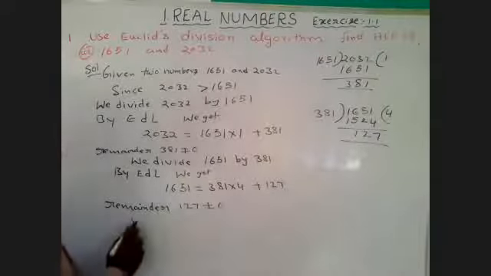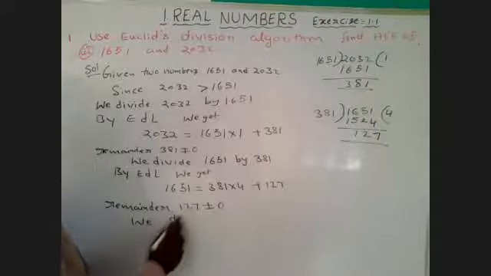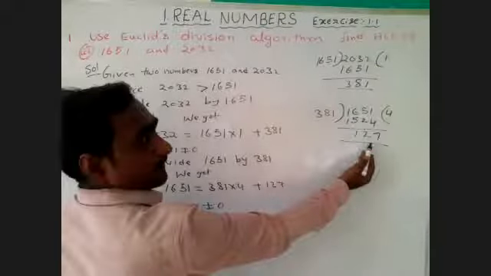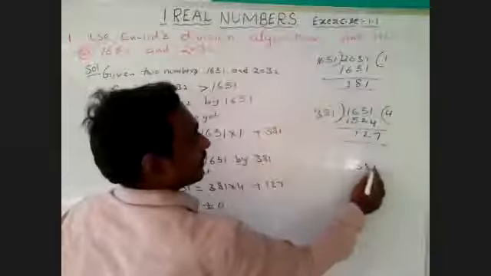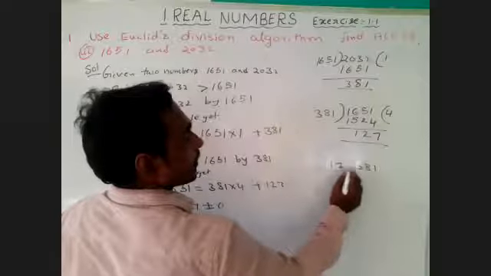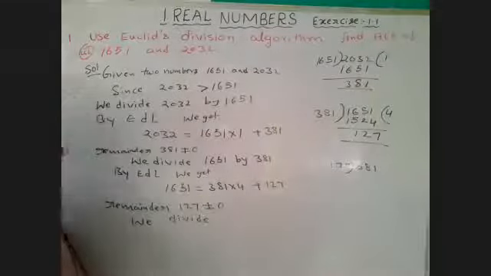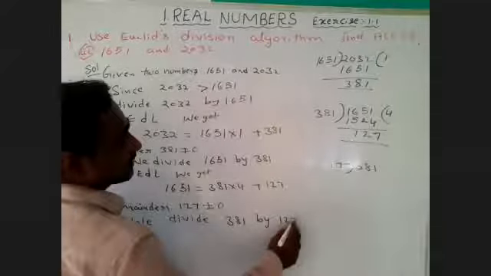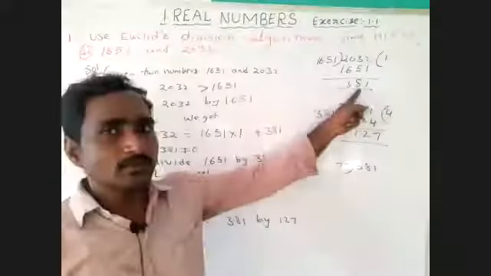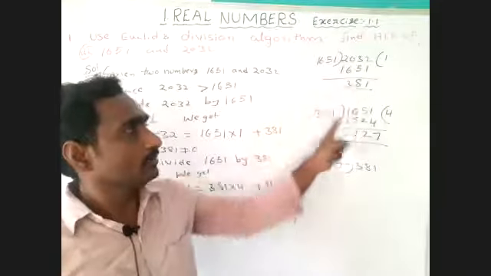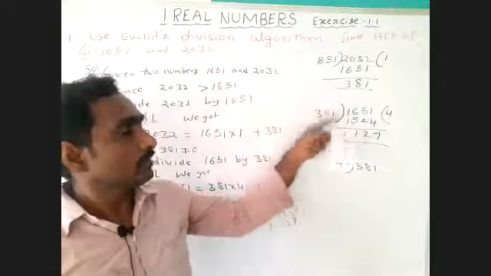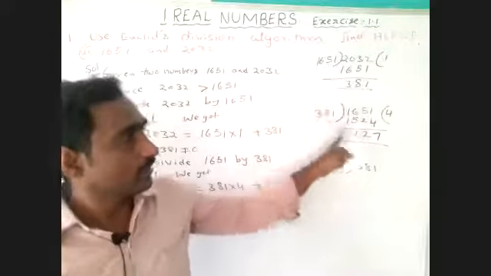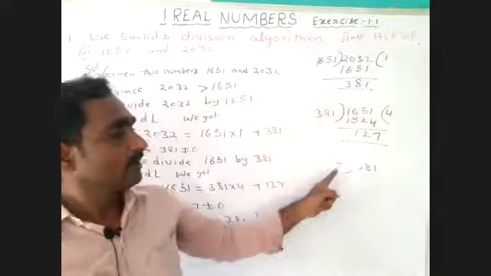We divide the divisor by the remainder, that is, 381 by 127.